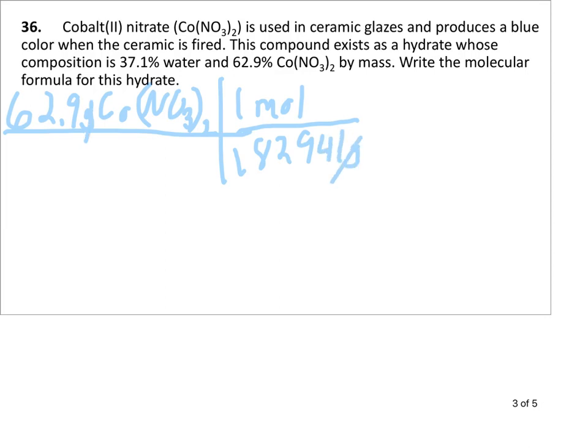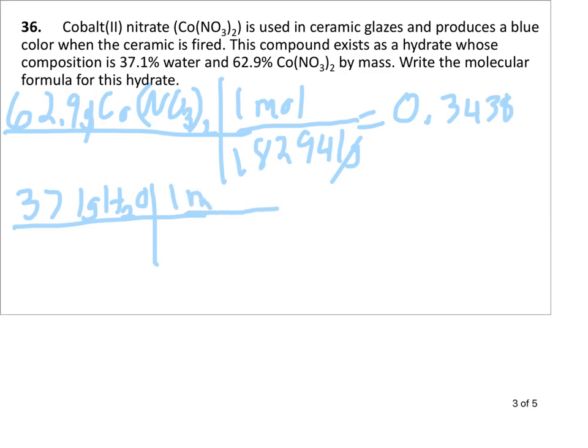Grams divide out to grams, and that leaves us with 0.348 moles of the cobalt nitrate. Water, 37.1 grams of H2O. Here you shouldn't have needed to recalculate the water because you just did it on the preceding one. And we got the 18.0148. If you memorize that one, wouldn't be bad. Memorize it. 18.02 should be sufficient, or 18.01.